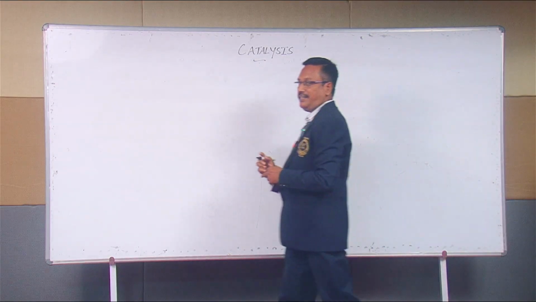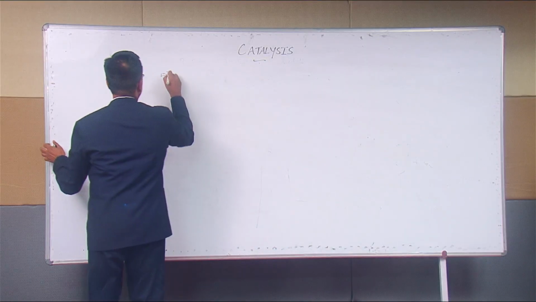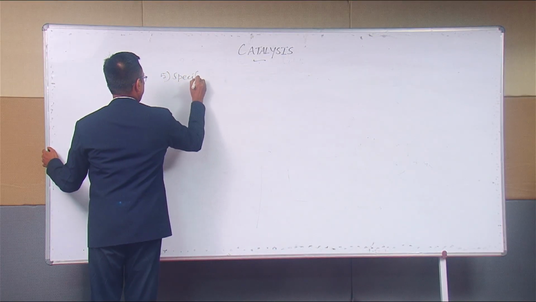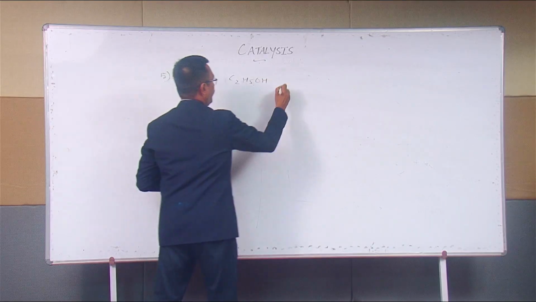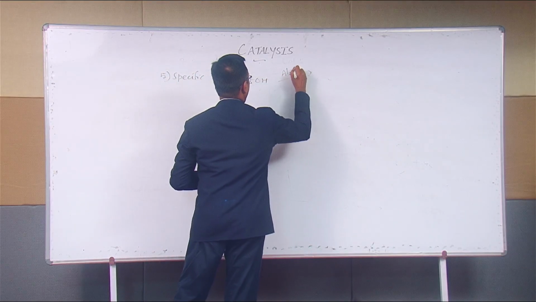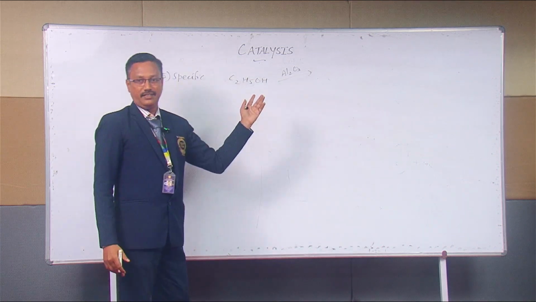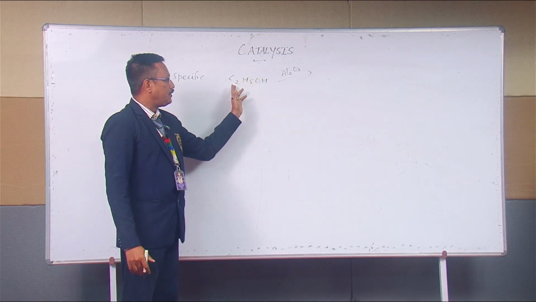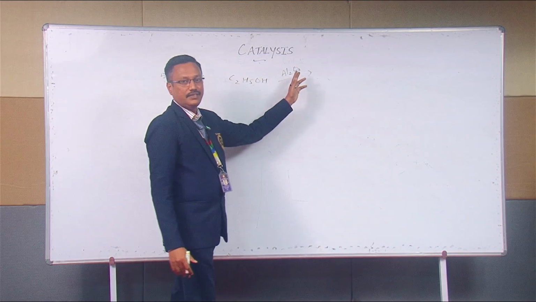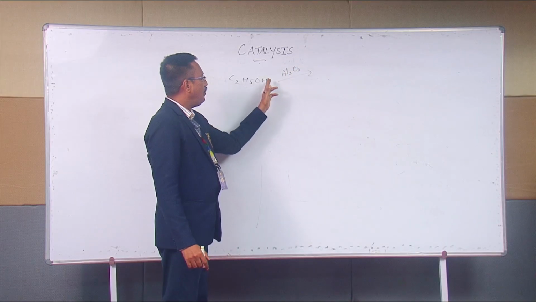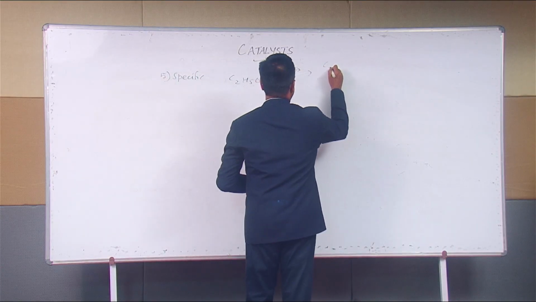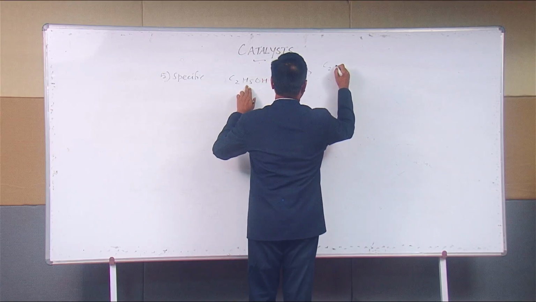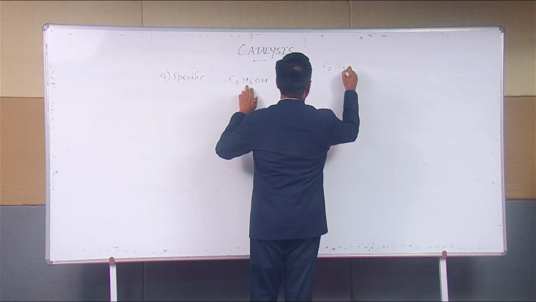Number 5, they are very specific in nature. I have ethanol, ethyl alcohol. When you use aluminum oxide, which is also a catalyst, C2H5OH with Al2O3, the product we obtain is C2H4 plus water.